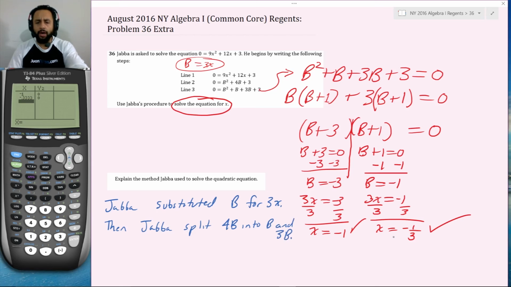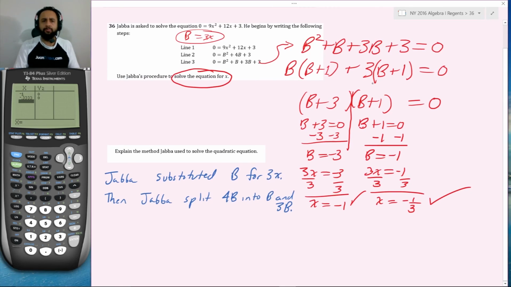Okay, why? Well, because this is what allowed him to split these 4 terms now up into factors, into binomials which had a factor pair. But you don't have to say that. You just have to say that what he did was he split 4b into b and 3b. You don't have to justify exactly why.